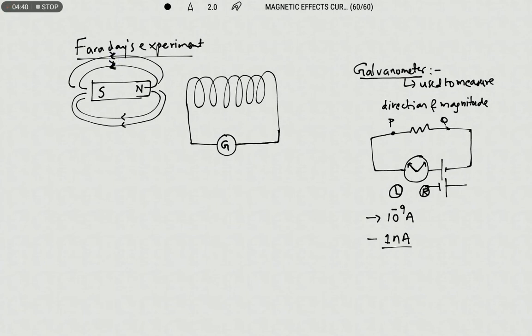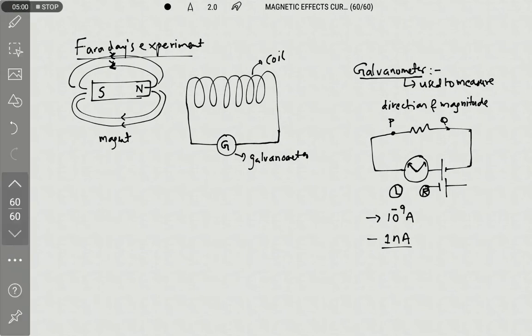So the experimental setup consists of a magnet, a coil and a galvanometer, right? Sir, what did he observe, in what way did he do his experiment? So let us study step by step.